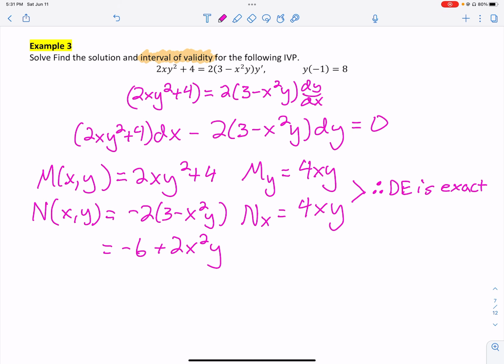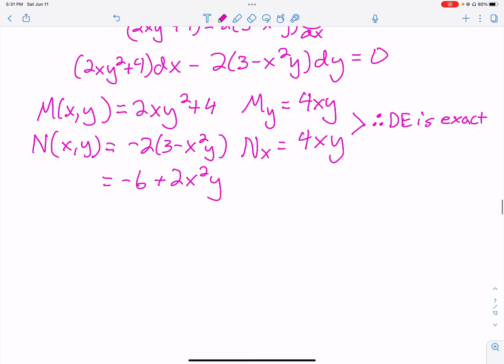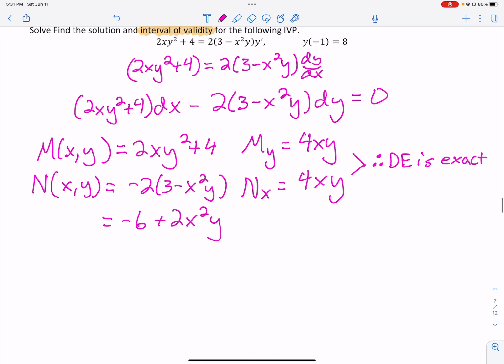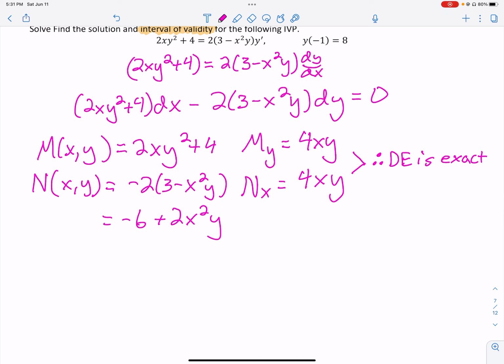All right, so we have those two functions. We know the DE is exact, so we pick either one we want. I usually just always take M. And I know the function that I'm trying to find, that gamma. So gamma, the function I'm looking for, I know that I can take the integral of M with respect to x, and that will get me back to it.